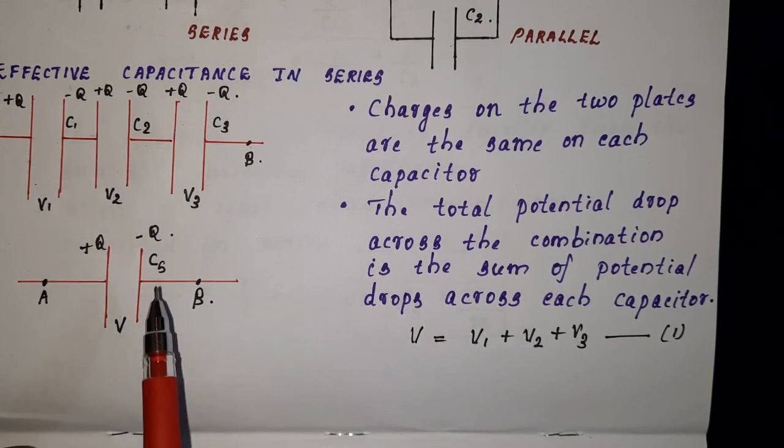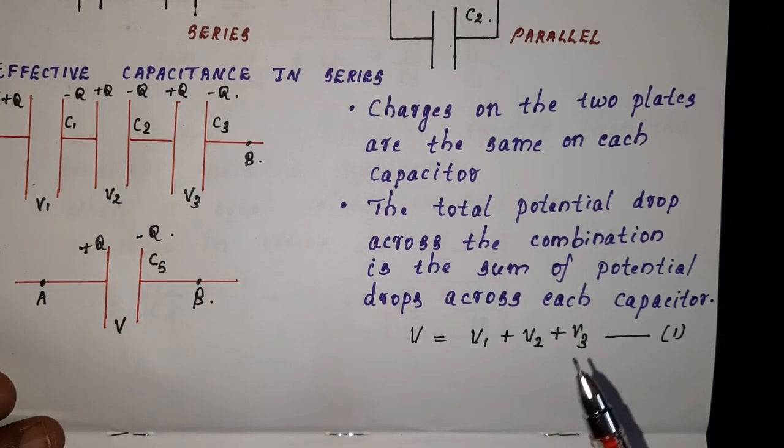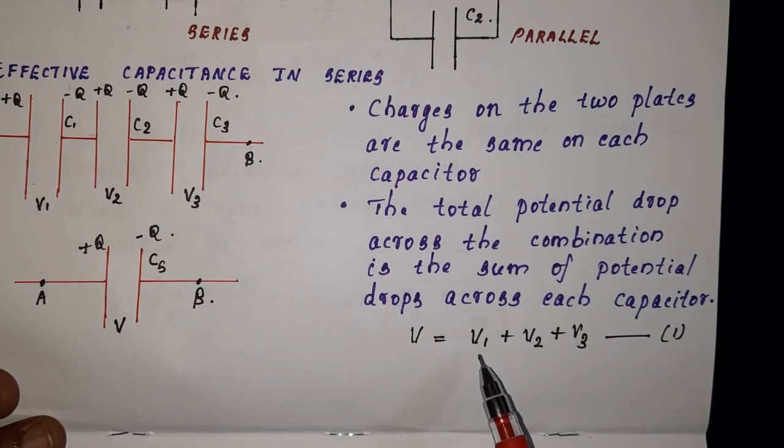As we stated in the second point, the potential drop across the combination is the sum of potential drops across each capacitor. So V is equal to V1 plus V2 plus V3.